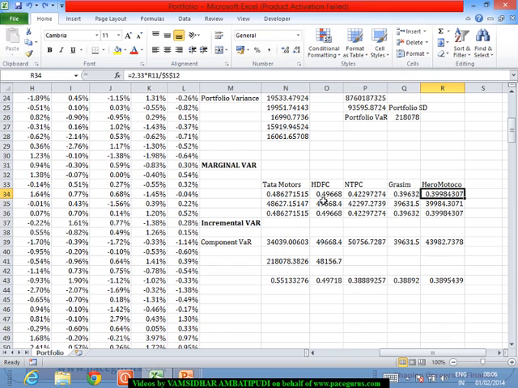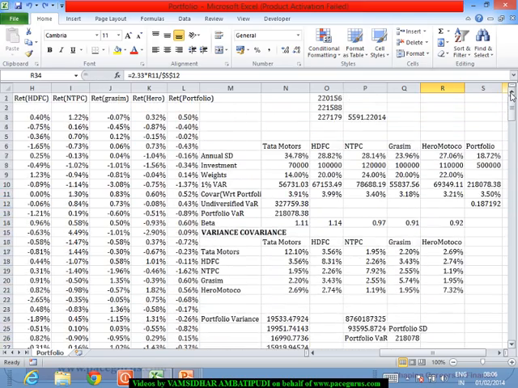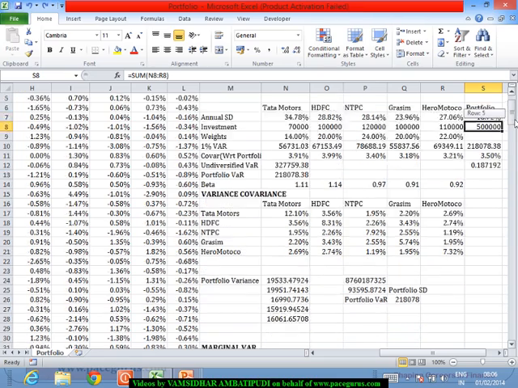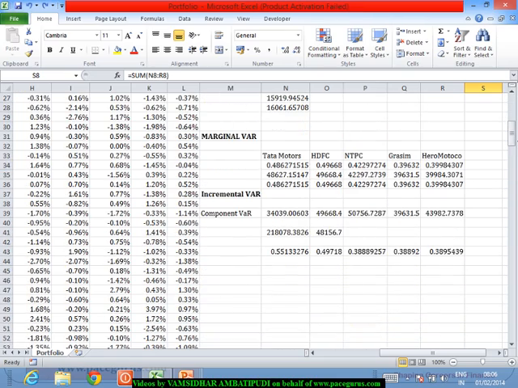So if all of them are equal, that is the amount worth investing in this particular portfolio. Keeping in mind that I have to invest the entire 500,000, I want to know which proportions I should invest so that the marginal VARs of all the individual securities are equal.